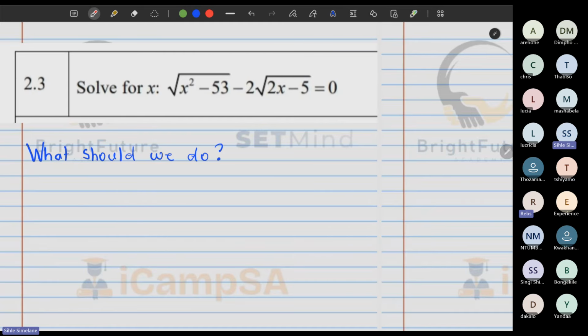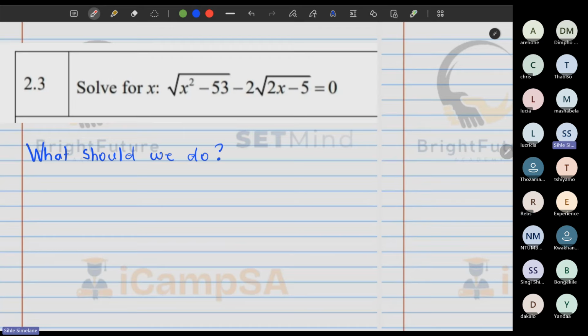What should we do when we come across a question that has square roots and whatnot? We isolate the one root, we just isolate the other root to the right.